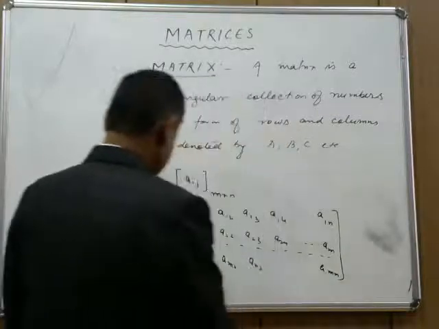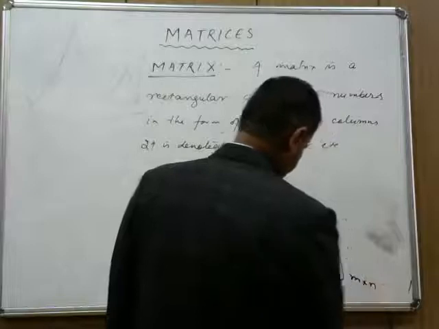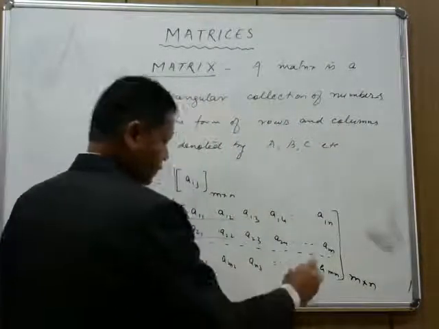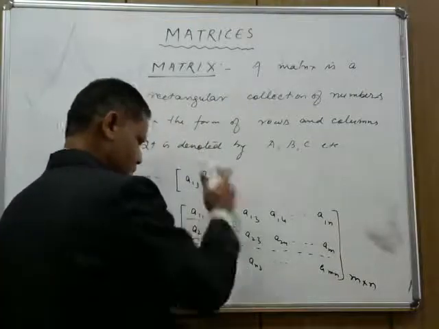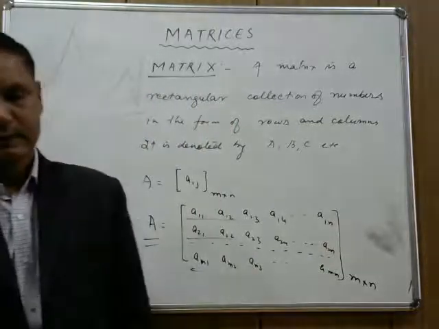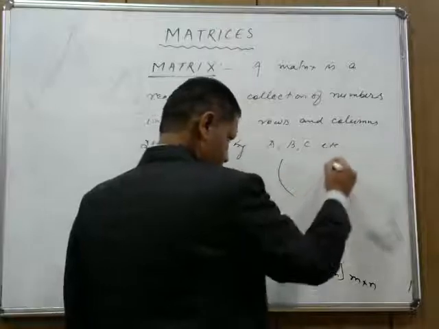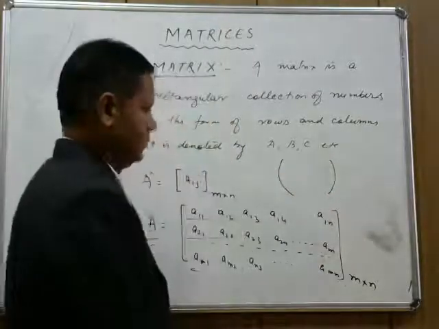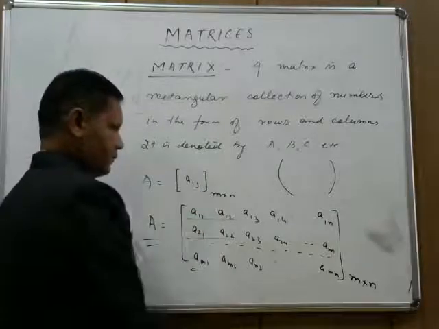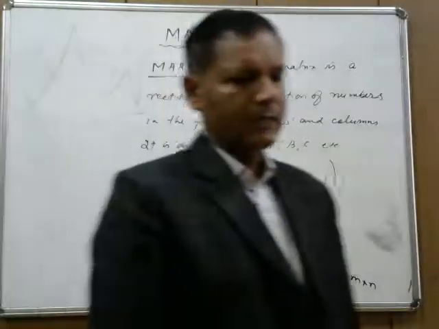That means it is a matrix of order m by n. M rows: 1 row, 2 row, 3 row, like that, m rows are there. Columns: 1, 2, 3, 4 up to n columns, right? Sometimes it is written like this also, or in a closed bracket. That's why we always denote the matrix by capital letters.